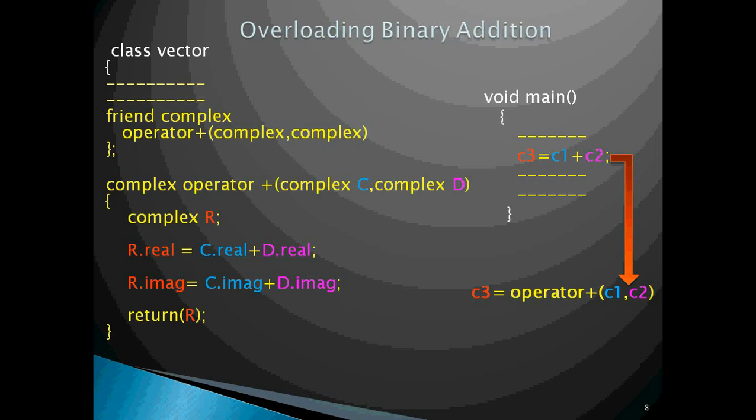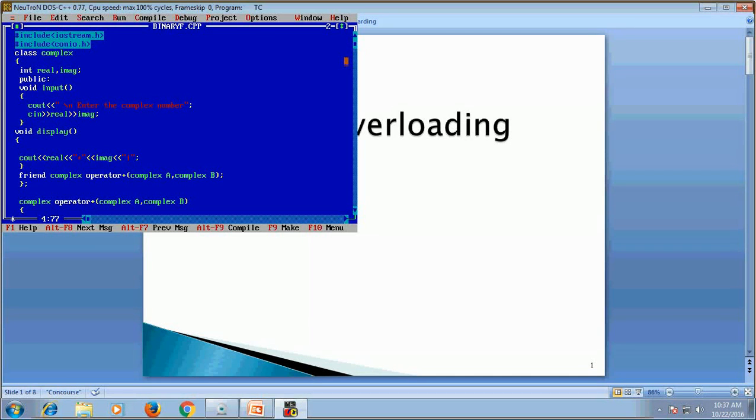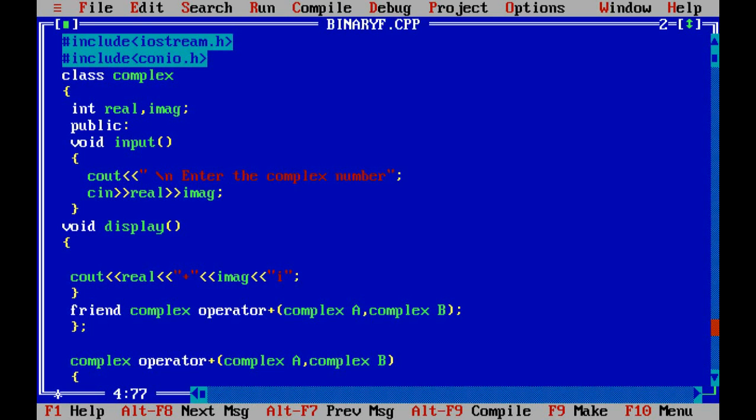Now we come to the implementation part of this particular program. Here we have written a program binary f.cpp. In this we have used a class complex with two data members, real and imaginary, an input function to get the two data members, display to display the complex number, and the operator function implemented as a friend function.